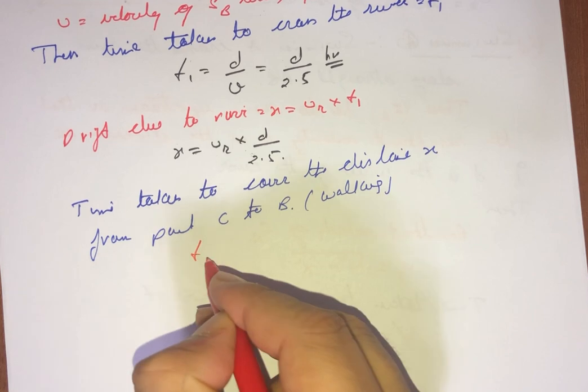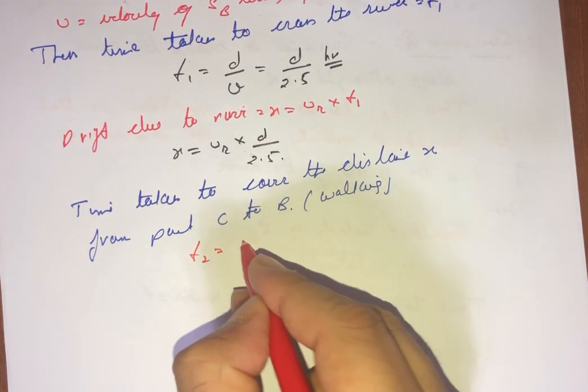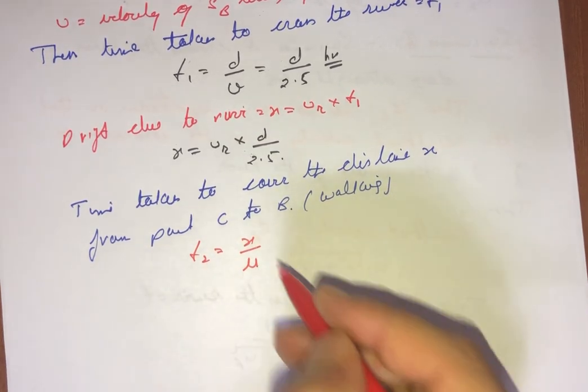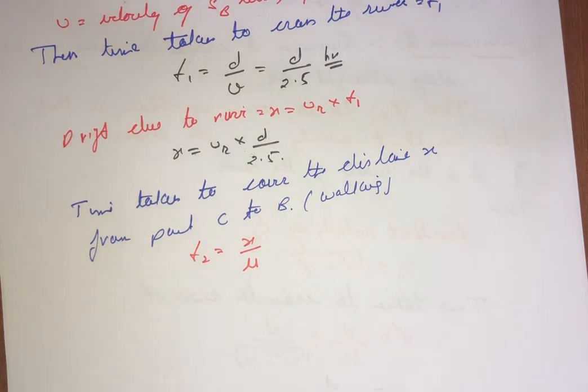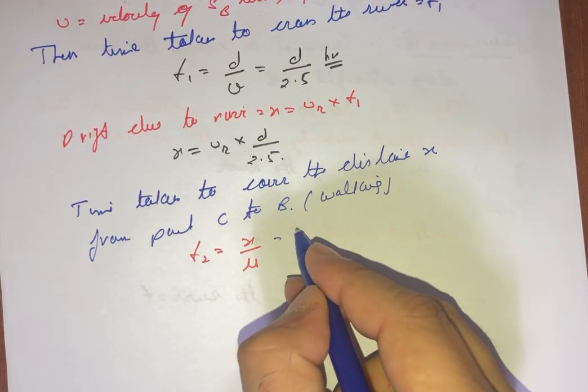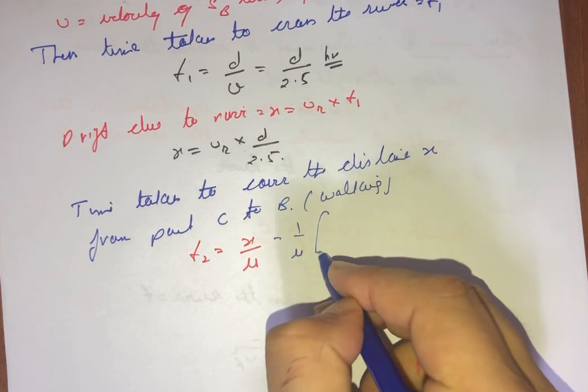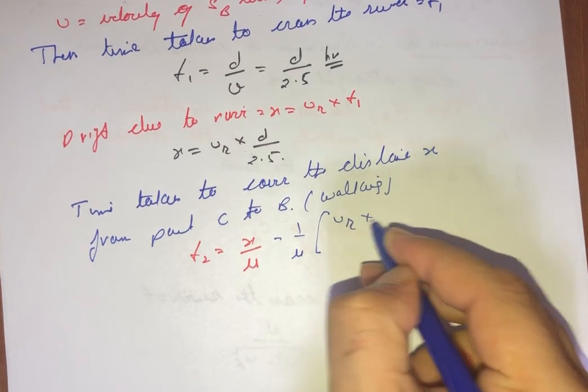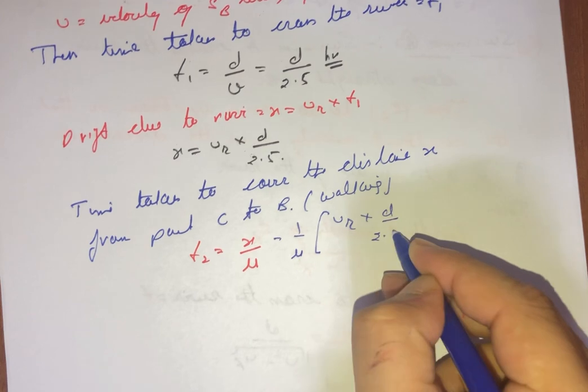So we can say that t2 will be equal to x divided by u, and we already know the formula of x, that is vr into d divided by 2.5.